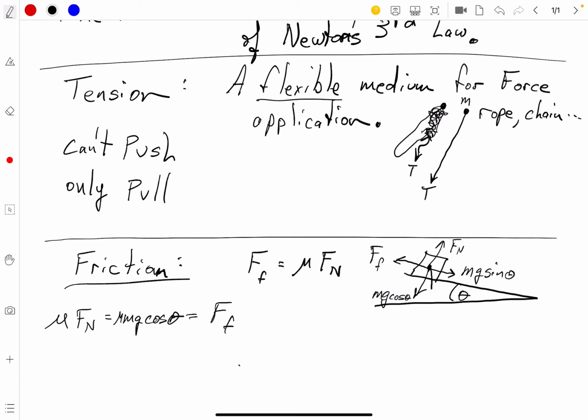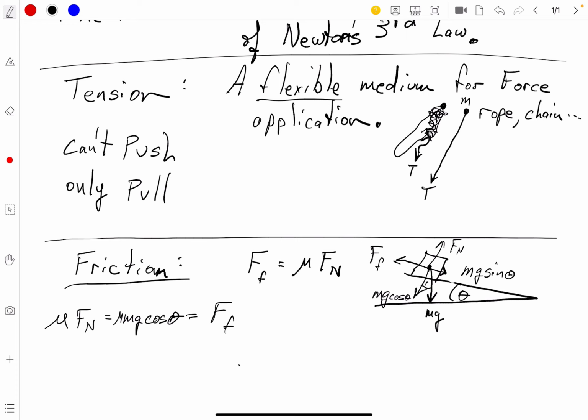All I did was break down mg into its different components, okay? It looks like mg sine theta was a little too long. So let's do that. So I just broke down mg into its sine theta and cosine theta components.